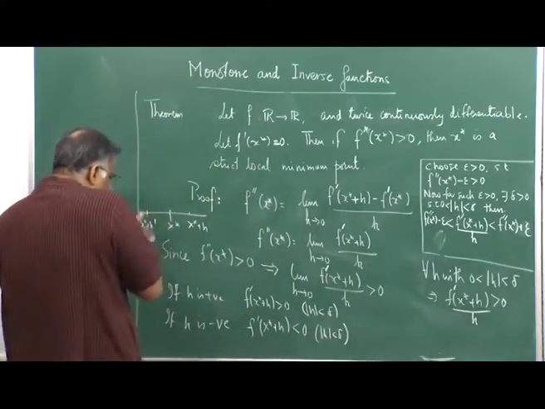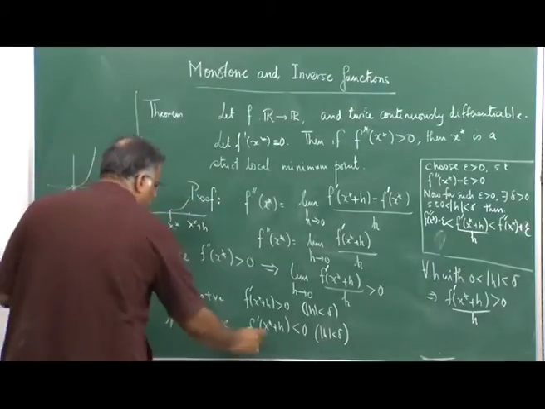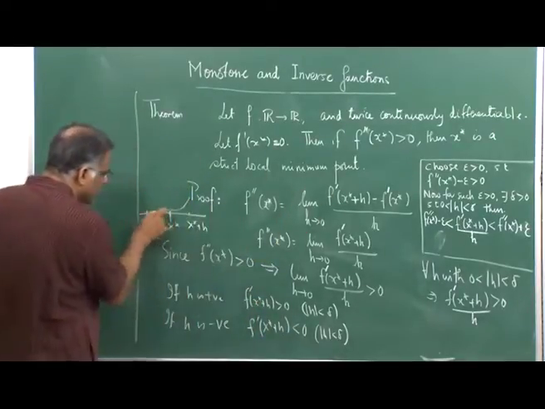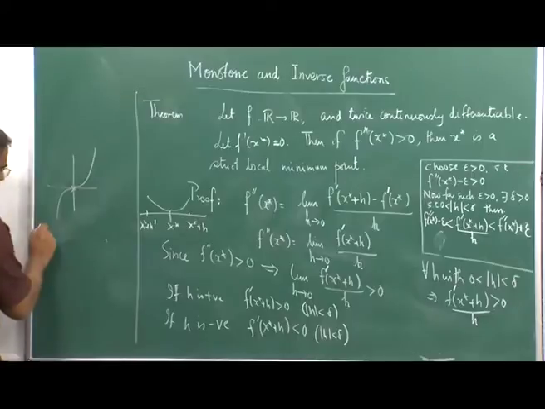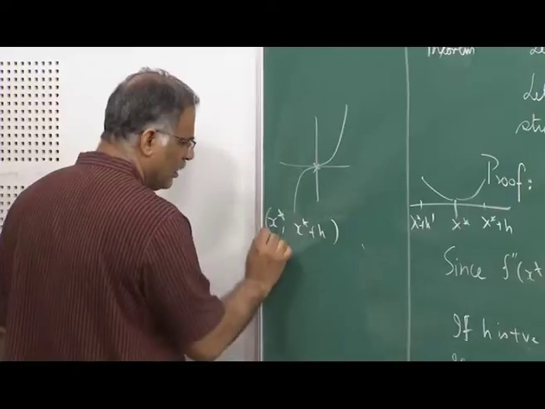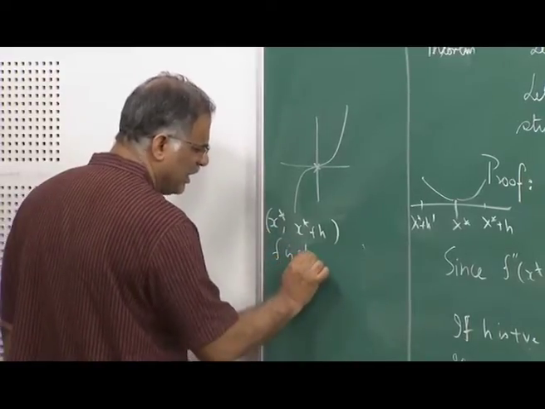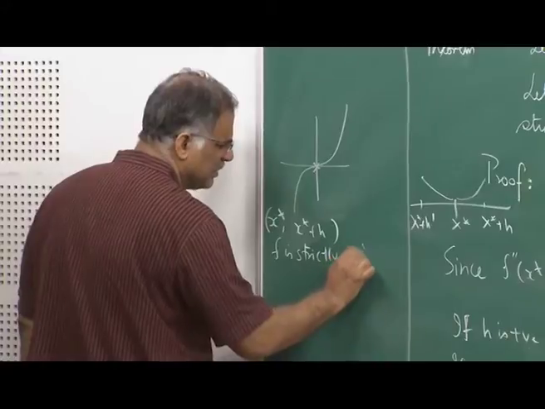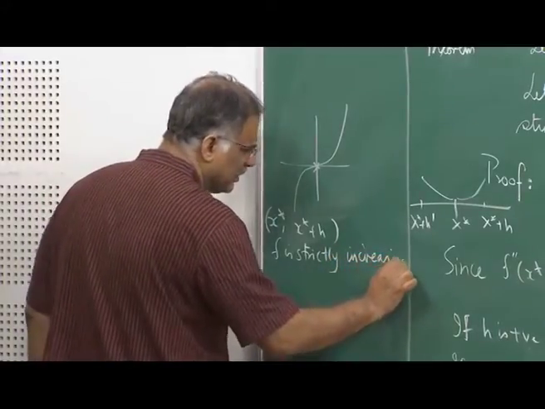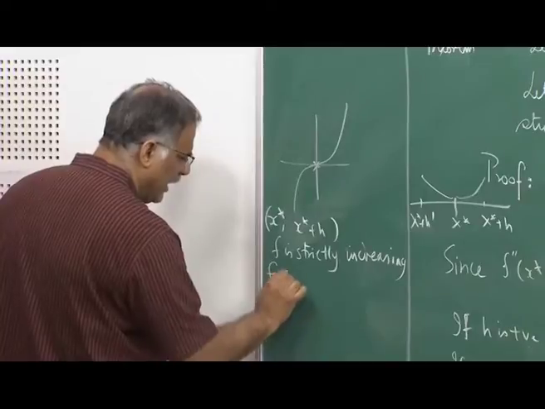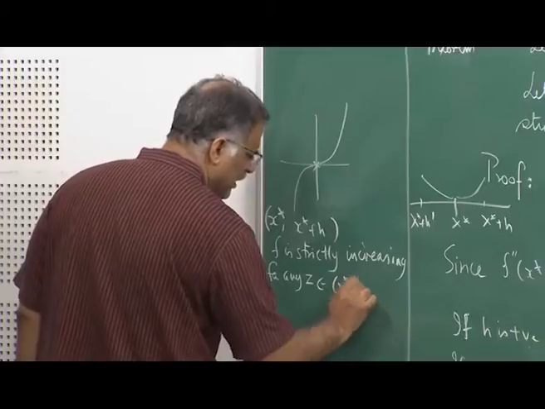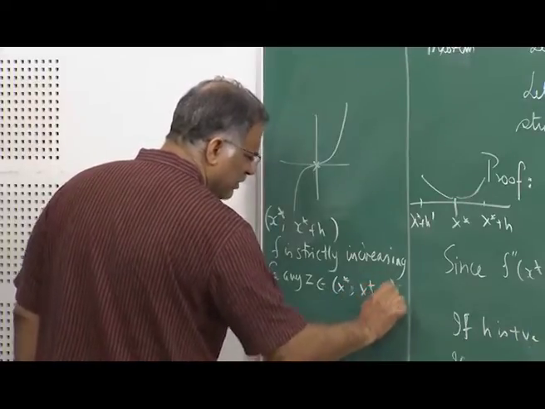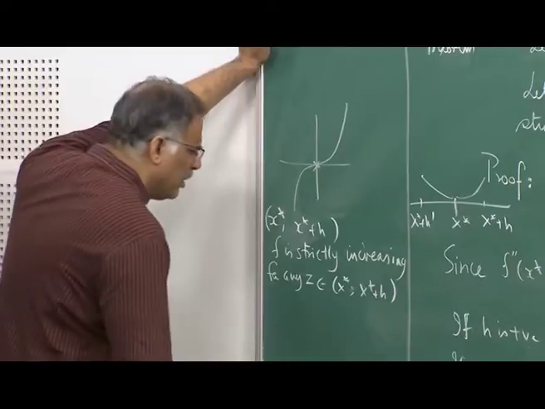So, between x star and x star plus h the function is increasing, and between x star and x star minus h the function is strictly decreasing, strictly, please understand the term. So, in this interval f is strictly increasing, and so for any z in x star to x star plus h, what would happen?